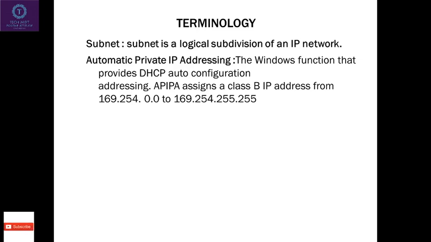Second is APIPA. What is exactly APIPA? APIPA is Automatic Private IP Addressing. You have seen many times, when you don't assign IPs to the system and you run ipconfig /all in the command prompt, you can see an IP in this range, 169.254.0.0 to 169.254.255.255.